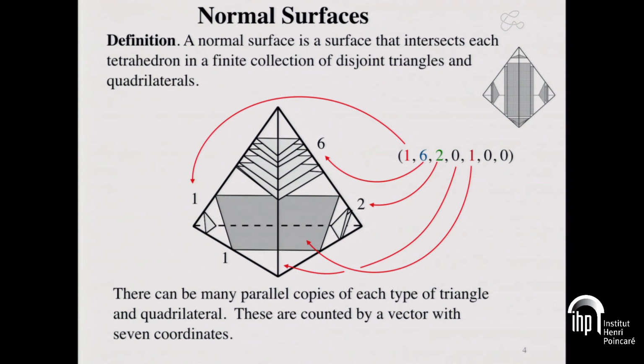The first one refers to the triangle in the far left corner. Of course, the ordering is pretty arbitrary, but there's always going to be 7 entries for every tetrahedron, and this integer vector will completely determine how this tetrahedron intersects a given surface. Now, of course, that wouldn't be true if the surface itself was not embedded, right? If these triangles were allowed to cross each other, there'd be many configurations with the same vectors. So we're using in a strong way that we're working with embedded surfaces.